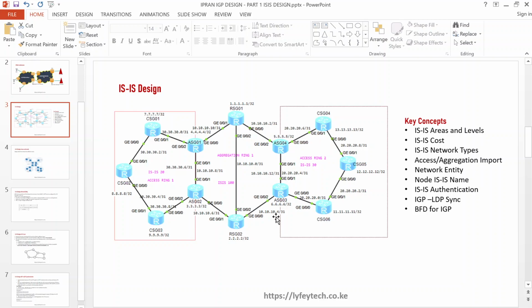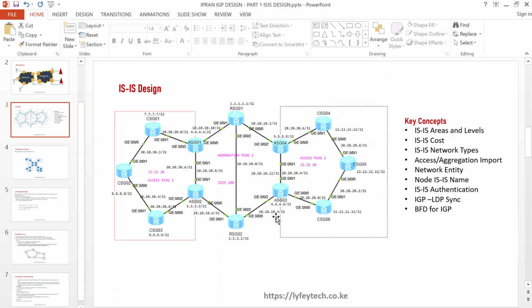Then for access aggregation import, as I mentioned earlier, when you are configuring different ISIS processes between access and aggregation, you need a mechanism to ensure that the aggregation is able to communicate with the access, and the access is able to communicate with the aggregation.